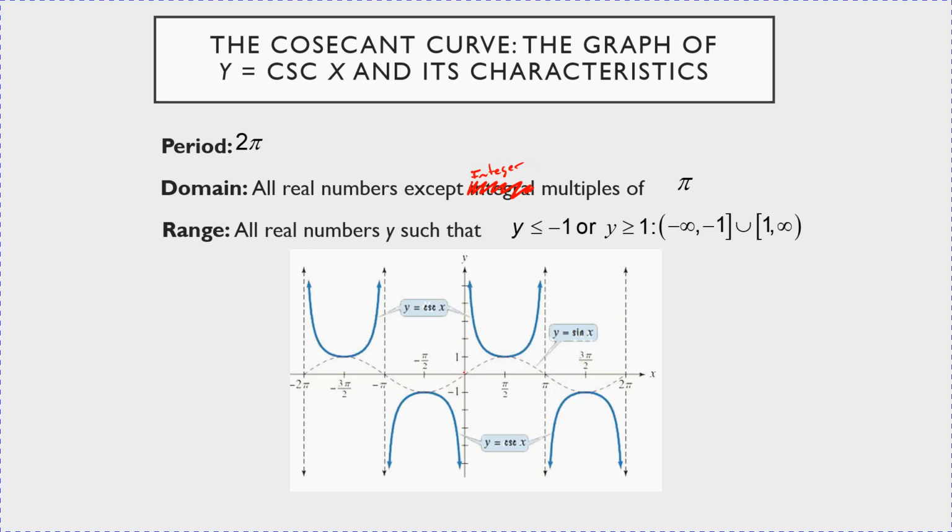So at 0 pi, 1 pi, 2 pi, -1 pi, -2 pi, you have vertical asymptotes. In the range, it goes from -∞ to -1, but then there's nothing between -1 and 1, and then it goes from 1 to infinity like that.